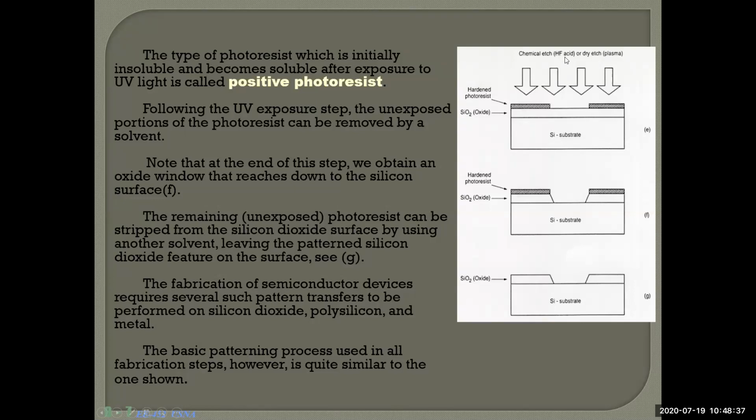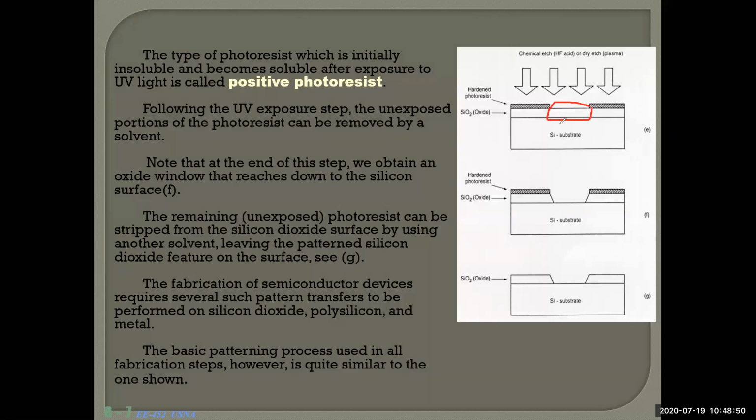Got my point? It will only affect the silicon dioxide layer. Okay? Got my point? So what will happen? A pond will be created. A pond. Do you know pond? A puddle will be created, or a hole will be created here.